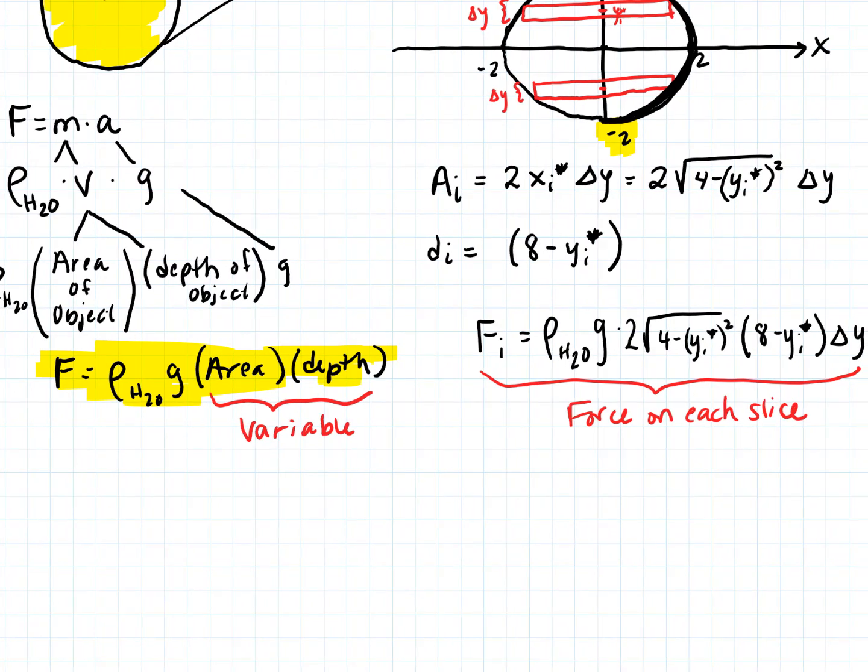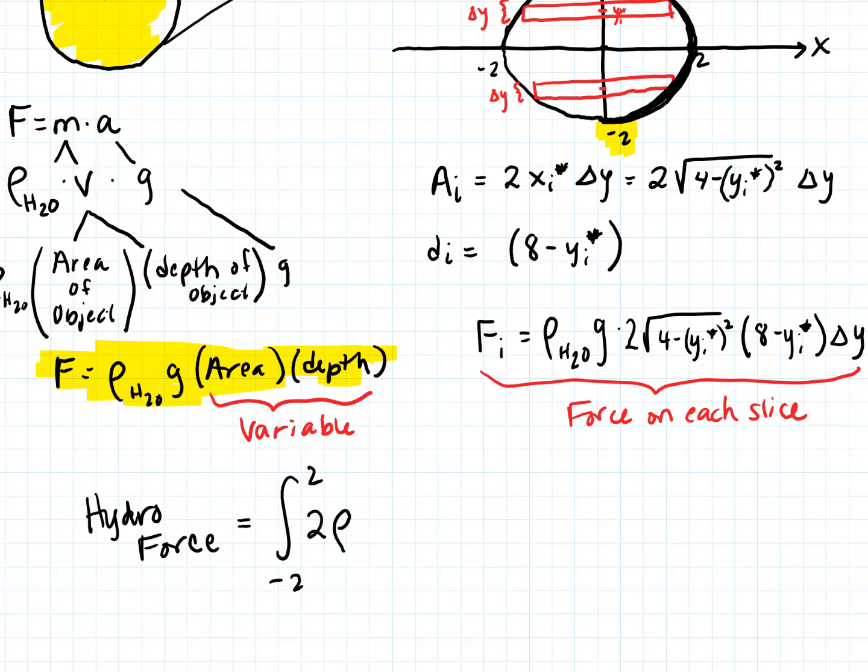So the actual hydrostatic force is going to be equal to the integral from -2 to 2. And we've got these 3 constants here, so I'm going to go ahead and pull them out.